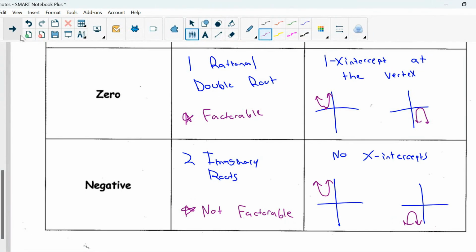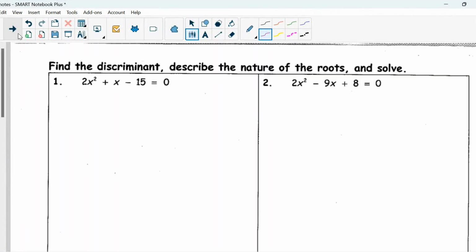So an example problem for this looks something like number one, where you are going to use the discriminant to find the nature of your roots, and then we're going to solve using the quadratic formula. So right away, we have a quadratic in standard form with our a value being 2, our b value being 1, and our c value being negative 15.